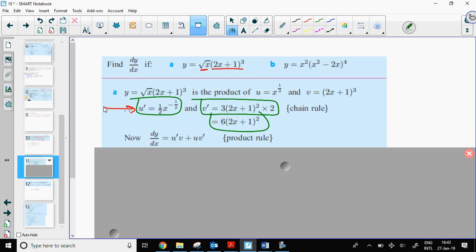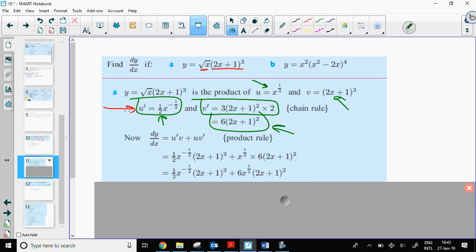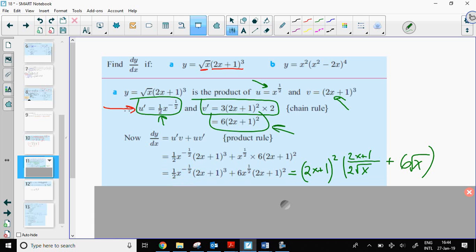So we're just going to multiply some pieces together. It's going to be u prime multiplied by v plus v prime multiplied by u. So we just substitute those into the formula and we get this amazing expression. How great is that? And we could factor that, I guess, if we wanted to, but there's no real need to.